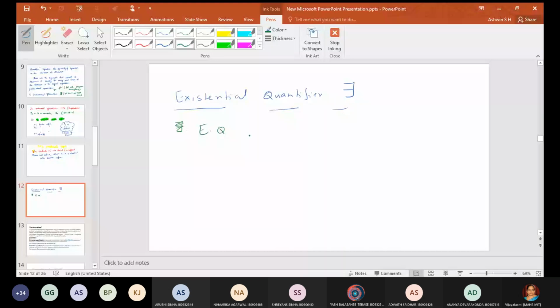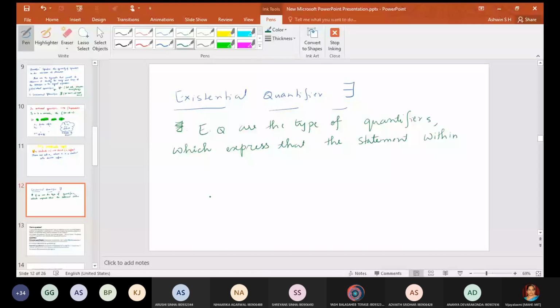Existential quantifiers are the type of quantifier which express that the statement within its scope is true for at least one instance of something. For at least one instance of something.